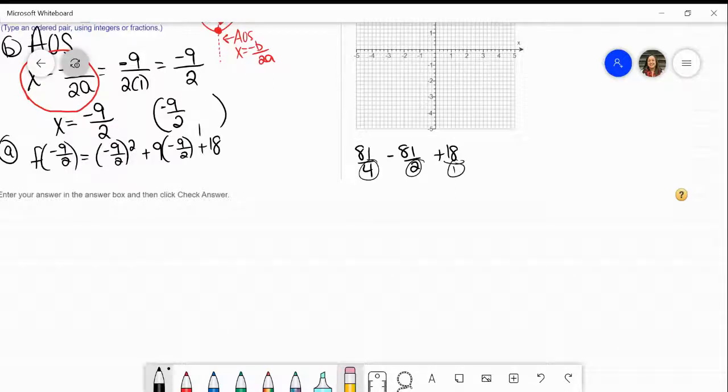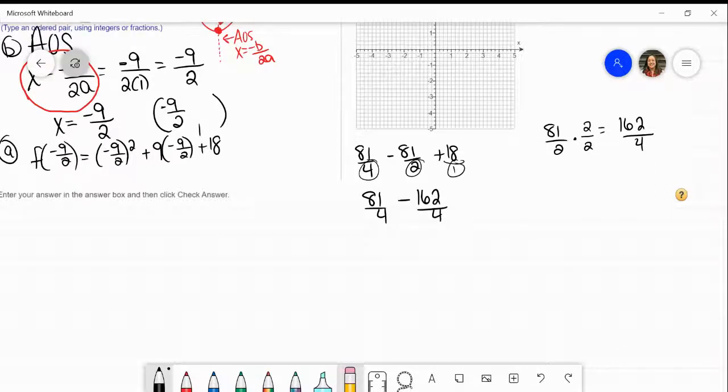My least common multiple is 4. So I'm going to leave that 81/4 the way it is, minus that 81/2. I need to change that denominator to a 4, so I'm going to multiply the top and bottom by 2. So 81 times 2 is going to give me 162 over 4. So that's minus 162 over 4.